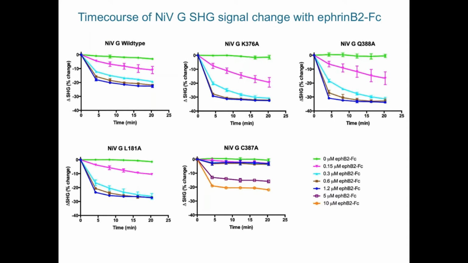This is most notable with K376A and Q388A, where the net signal change appears to be greater upon equilibrium. In C387A, the signal change is minimal until addition of extremely high FNB2FC concentrations.